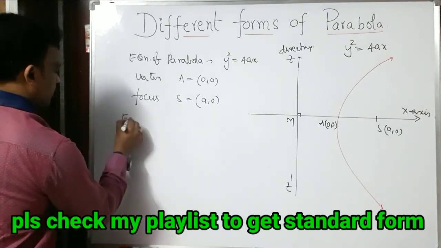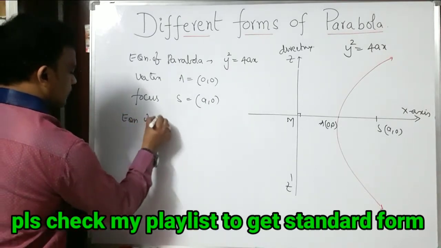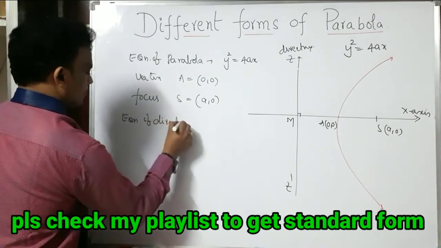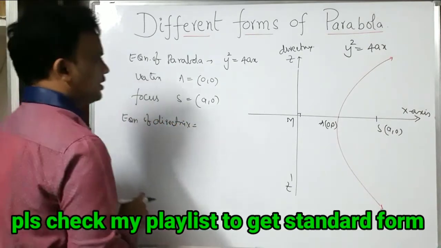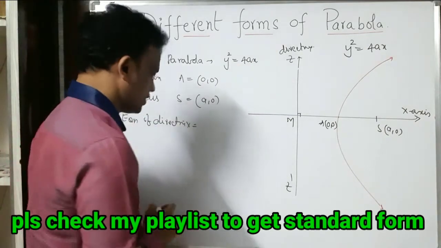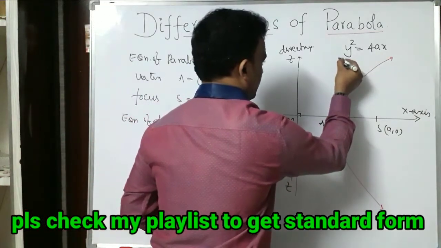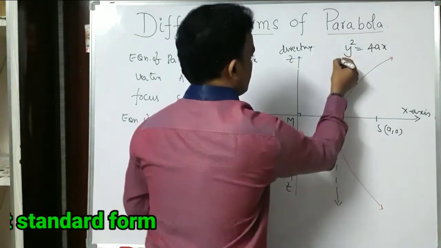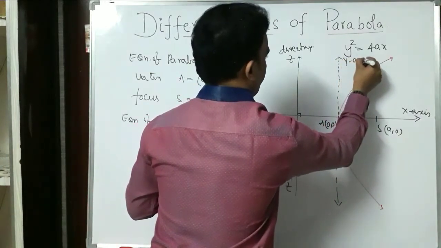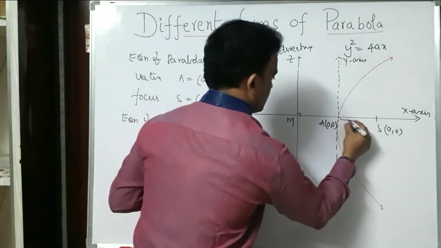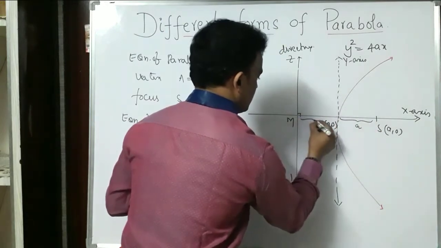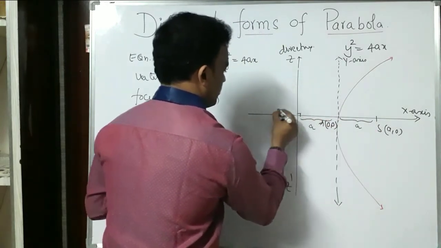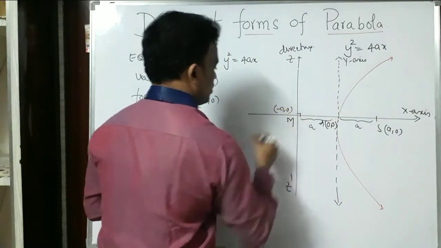What is the equation of the directrix? It is parallel to the y-axis. This length is a, this length is a, and this point is minus a comma 0.